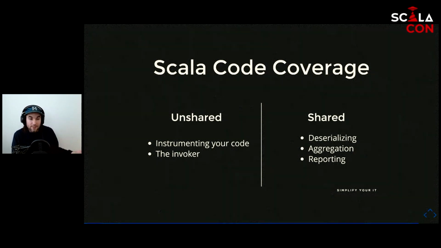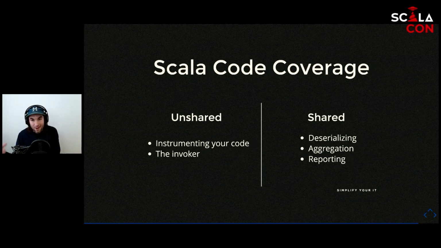And if we did it that way, we would sort of defeat the purpose, because if we published the invoker in the Scoverage repo, we would still need to publish it for every version of the compiler to make sure it's available. But the shared stuff is deserializing, all the aggregation of your stuff, and the reporting of your stuff as well.